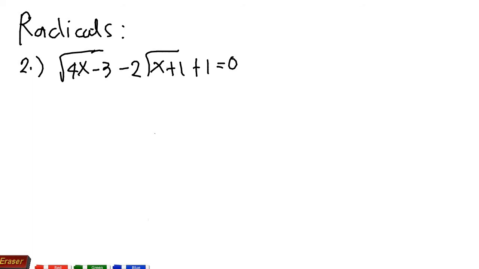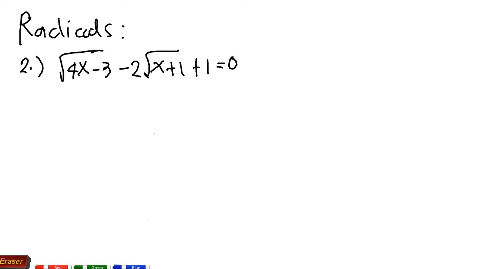So here we have two radicals involved. What we're going to do is transpose one radical to the other side. It's up to you what radical you're going to transpose. It could be the square root of 4x minus 3, or it could be the square root of x plus 1.